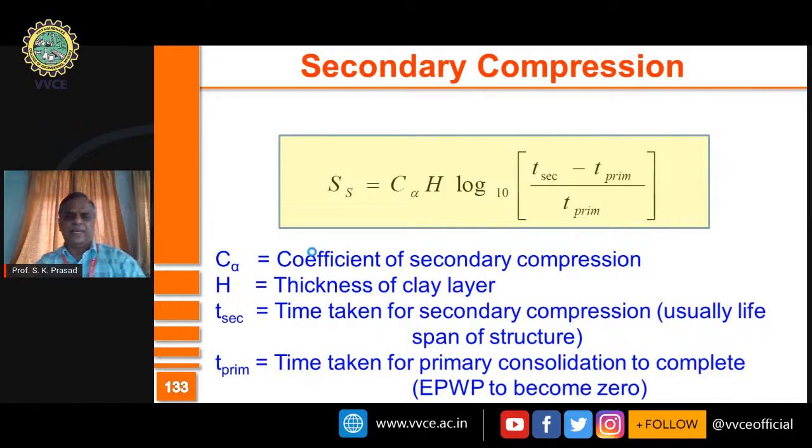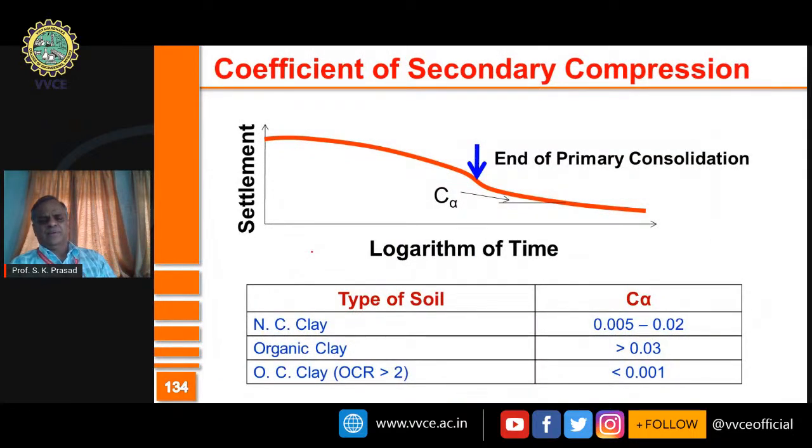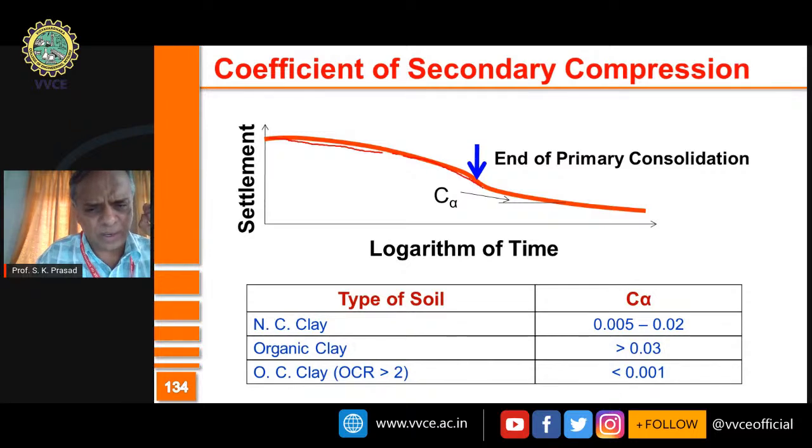the secondary compression. If I try to plot a graph between settlement and time, you will notice that during consolidation, there will be a considerable amount of settlement happening. And once consolidation is over, strictly there should be no settlement, but gradually there is still settlement happening.